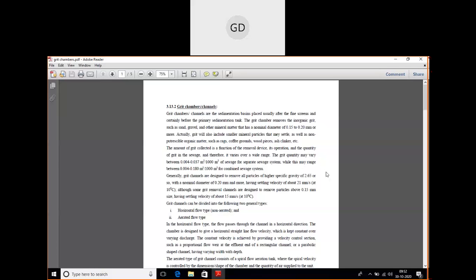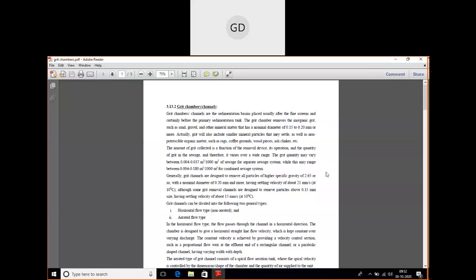This grit also includes smaller mineral particles that may settle, as well as non-putrescible organic matter such as wood and paper.